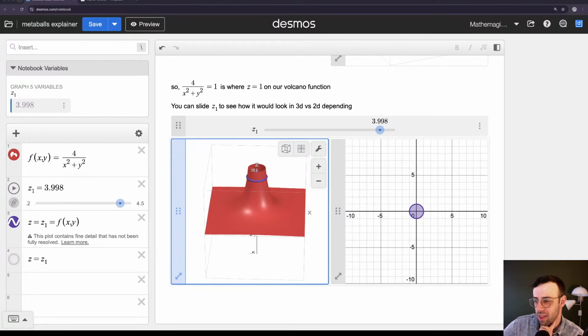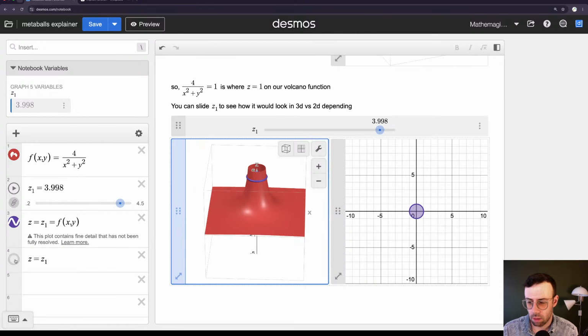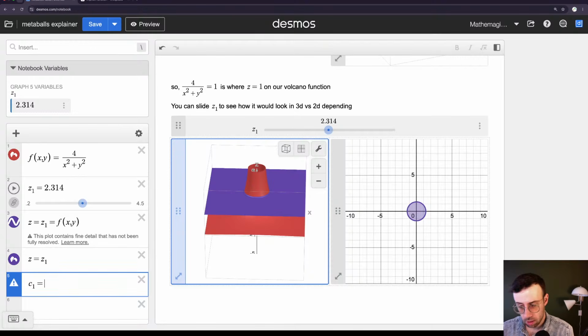I wanted the opacity to go down, but I couldn't change the opacity because there's not enough options here. But I could do that. Let's see how it looks.